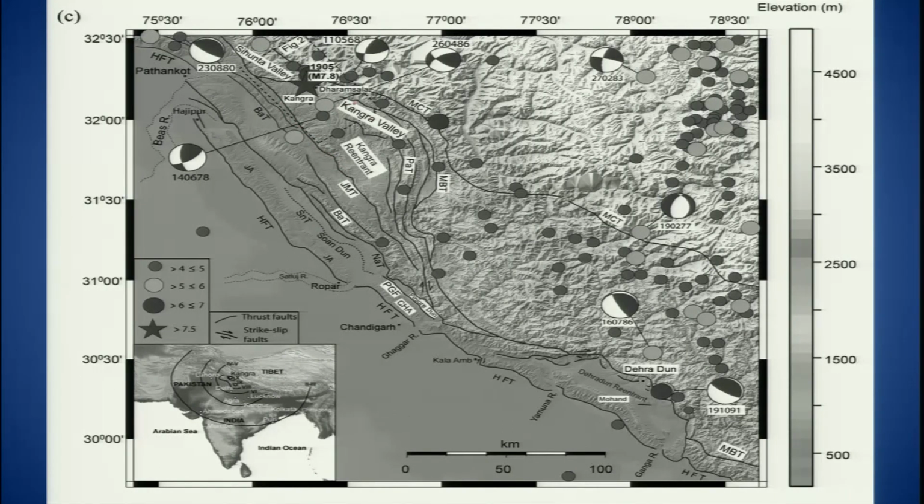Still there is a debate whether all the slip was taken up by this thrust, or partial slip was along the Kangra Valley fault. But we have our justifications why we say that this was the fault responsible for hosting the 1905 earthquake, and which also triggered several more earthquakes during the historic past.